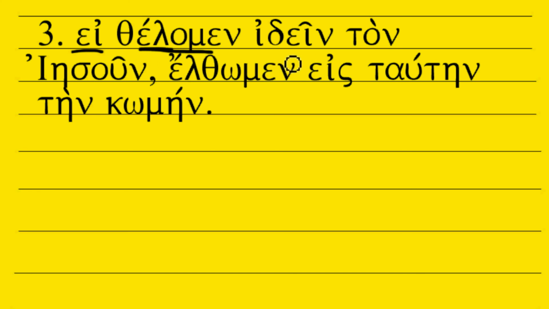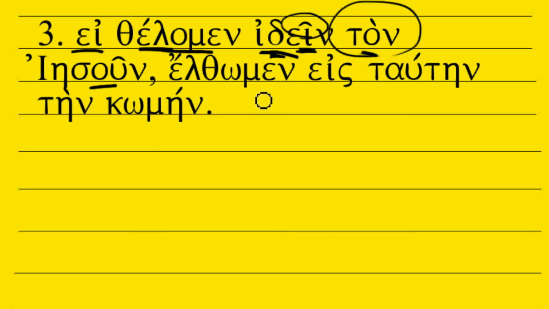If we wish, idein is a second aorist infinitive here, so we have the irregular accent in the second aorist with the present indicative ending here. So if we wish to see ton Iesoun, in the accusative case, Jesus, proper names will ordinarily take the article, even though we don't translate it.